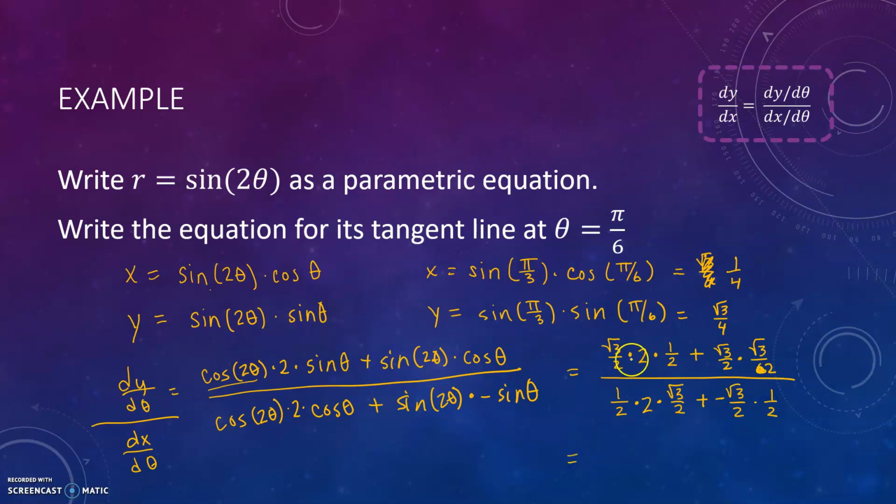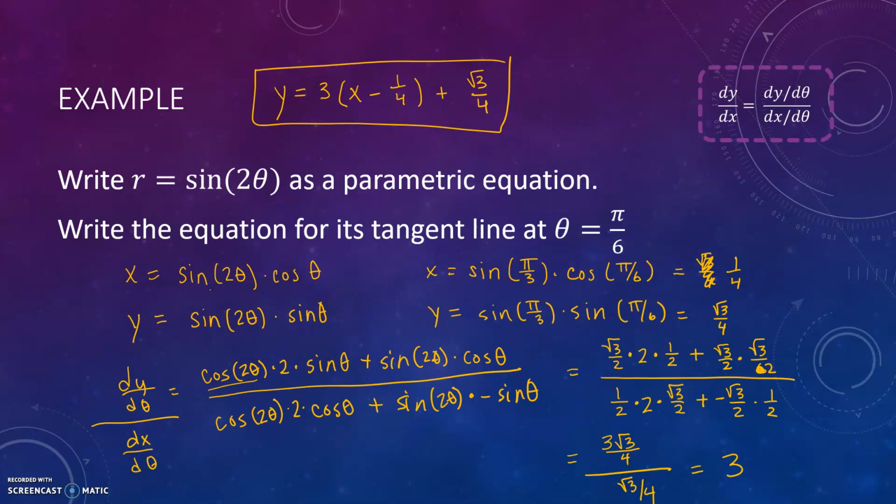And of all of that, I wind up with root 3 over 2 plus root 3 over 4, so 3 root 3 over 4, over 2 root 3 minus root 3 over 4 over root 3 over 4. And so that would be 3. So my slope is 3. So anyway, my equation for my tangent line is going to be y equals 3 times x minus a fourth plus root 3 over 4.